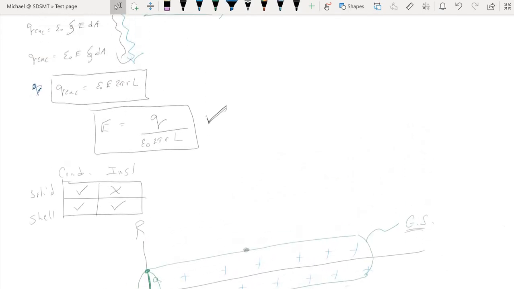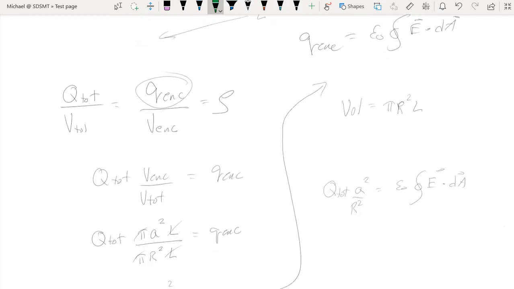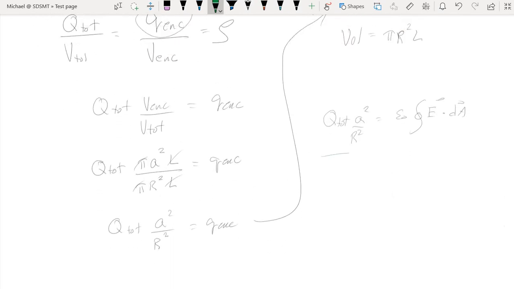We already know that if we're at the surface of a charged cylinder, technically we're just barely outside of it. Well, how is it going to behave? It's going to behave like a line charge. The only difference now is that we have to update the charge value and the radius value. The charge value is the enclosed charge that we're using right here.